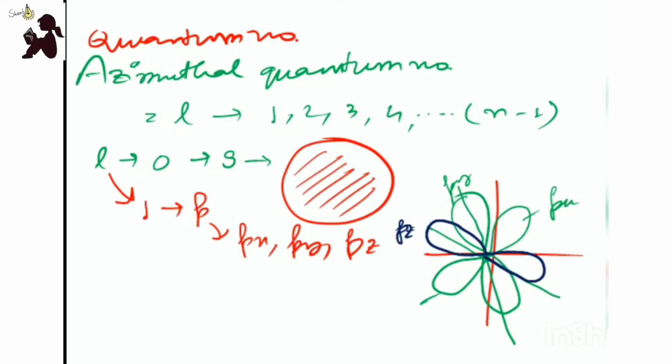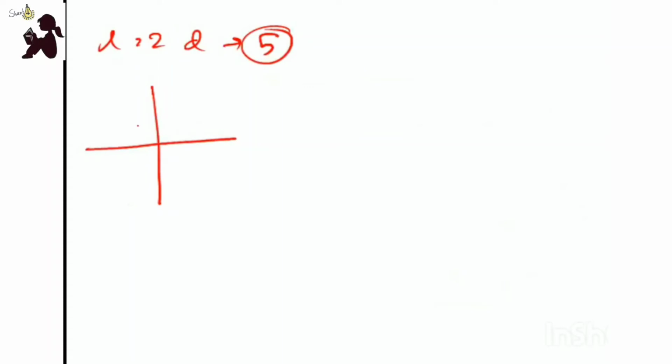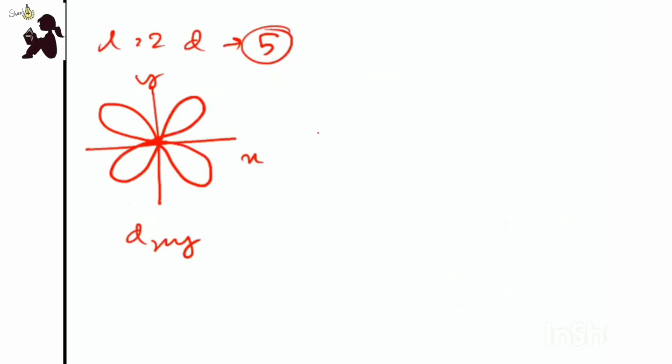But what happens if L is equal to 2? Then d orbital comes. Now d orbitals are 5 in number. First is our dxy. It comes like this. Second is our dyz.